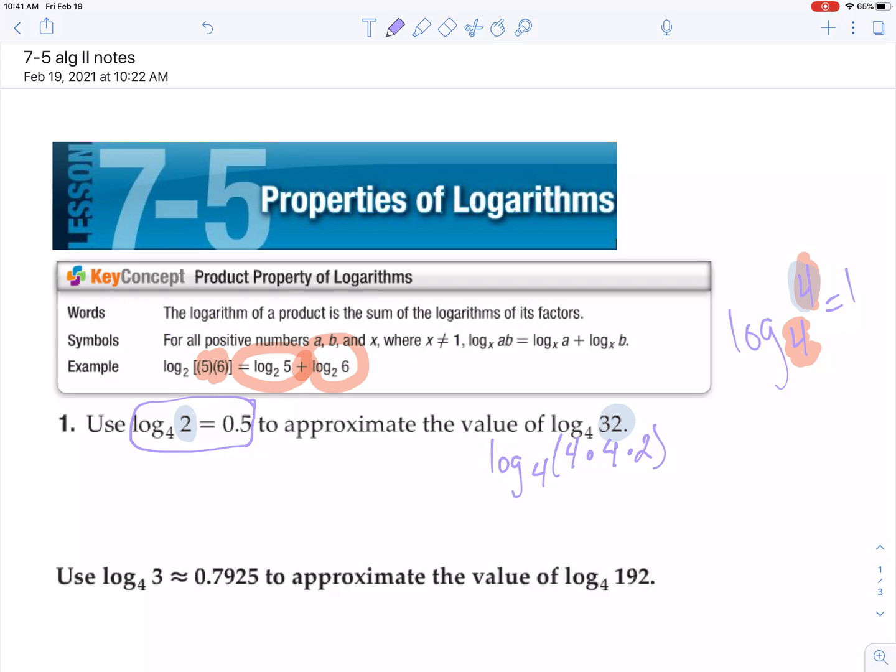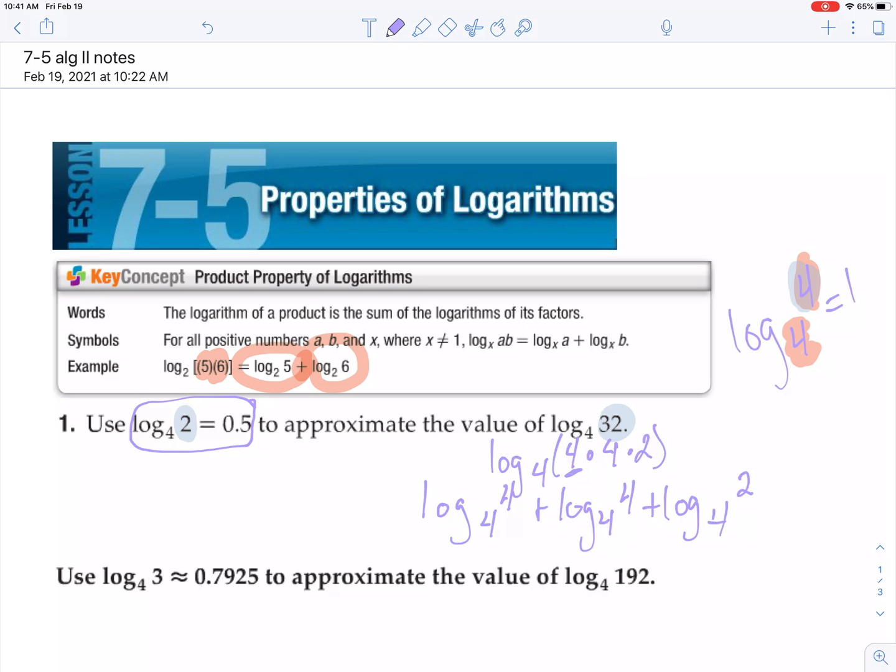That's going to be handy. It's going to look more complicated for a minute, but I promise we'll get there. Just do the log base 4 of the first multiplier plus the log base 4 of the second multiplier plus the log base 4 of the third multiplier.